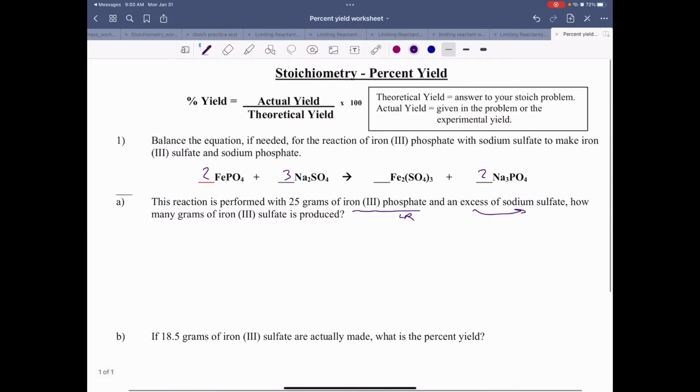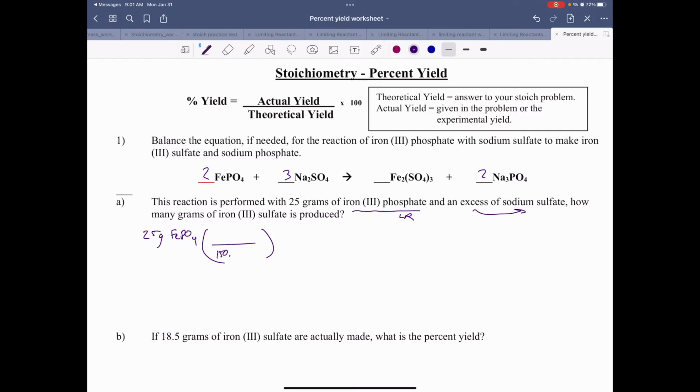So let's just do that. So 25 grams of iron phosphate. We got to convert that to moles. So quickly, if I take a look at my periodic table, iron is 55.85. So we go 55.85 plus a phosphorus, which is 30.97, plus 4 oxygens, and 4 times 16 is 64, so plus 64, a 150.82.